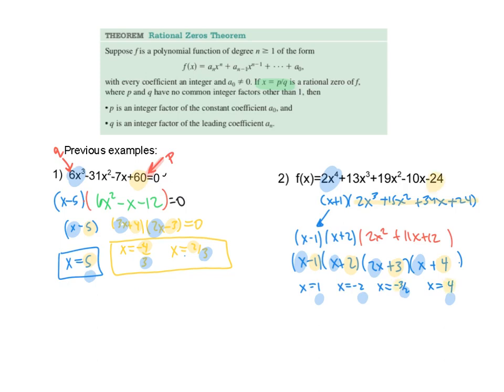Those end up on the numerator of my answer. Now, when I do all the distribution, that's how I get the rest of the terms. But the important part is that the p's were factors of 24, and my q's were factors of 2.